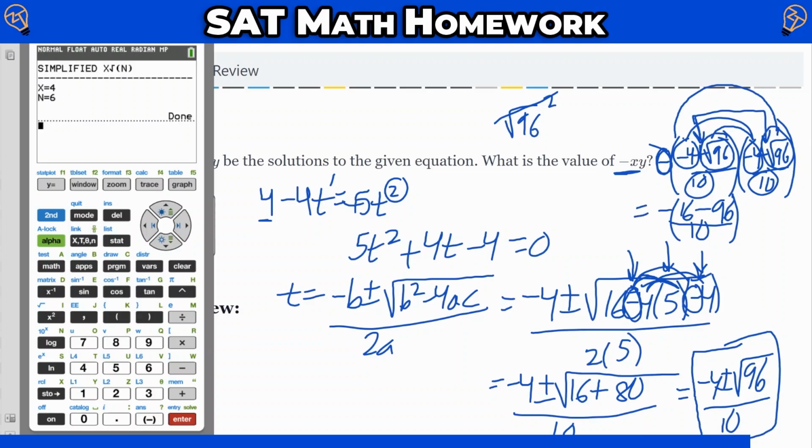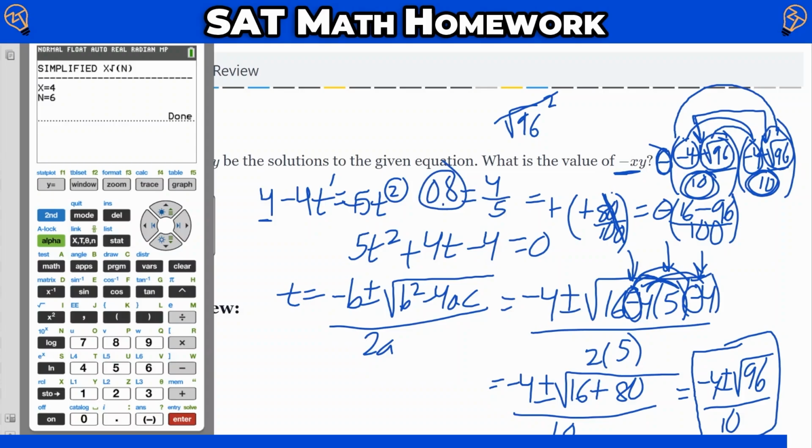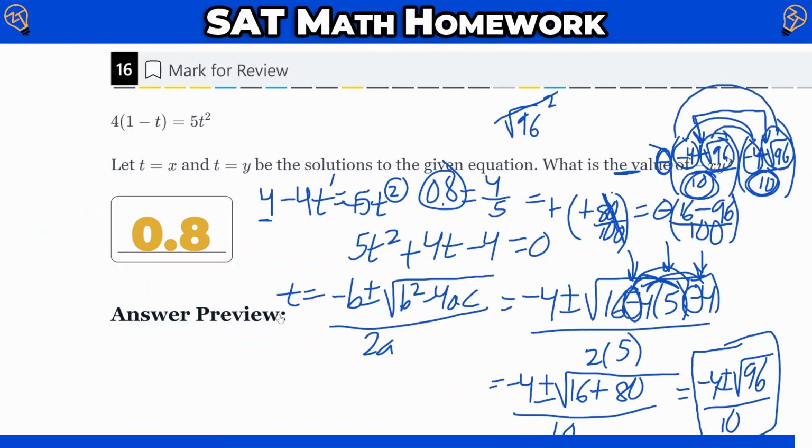But when I go ahead and combine the 16 and negative 96, I get negative 80 over 10. And I still have this negative in front. So that makes a positive. And I see I forgot to actually, I said this was 100, I think, but I didn't put that 0 there. So let me put it there. When you reduce, you get 8/10 or 4/5 or 0.8, which we got at the very beginning. All that to say, the easiest thing was definitely Desmos, and we get 0.8 as our answer.